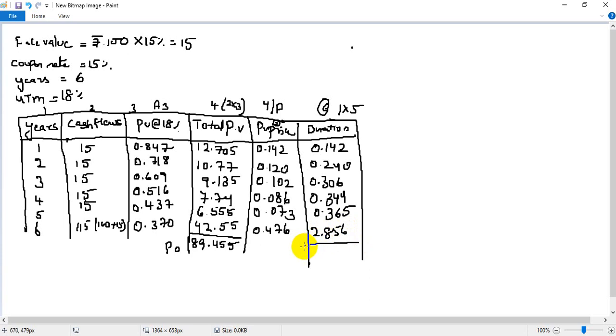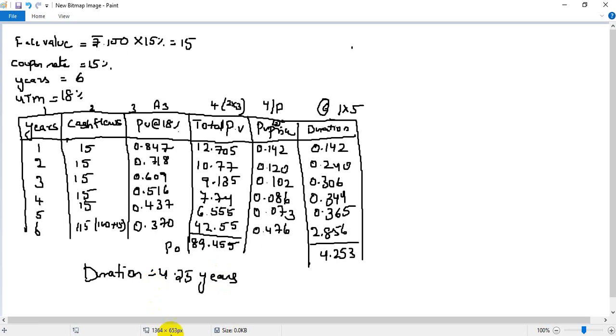If you total it up, you will get 4.253. So your duration, you are going to name it as 4.25 years as such.